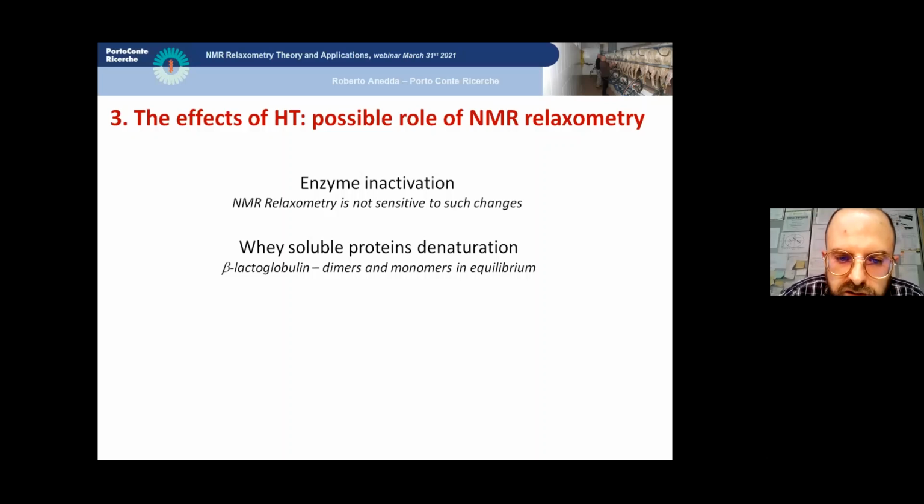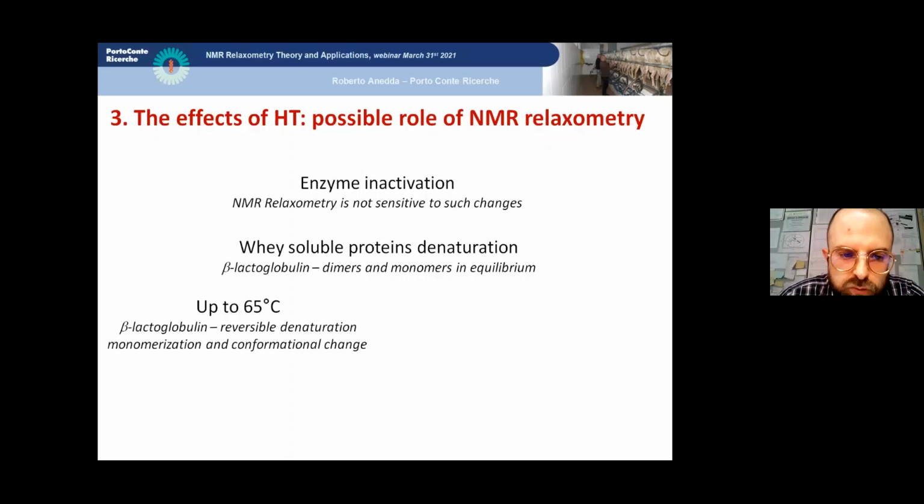The first effect of heat on whey protein is monomerization and conformational change of beta-lactoglobulin. Beta-lactoglobulin monomers are present in milk in equilibrium with the dimeric form already above 60 degrees Celsius.